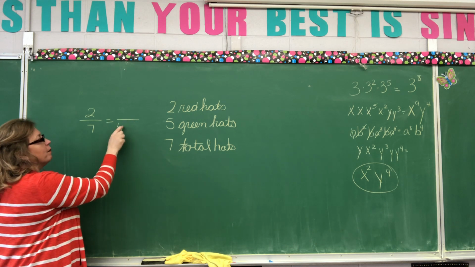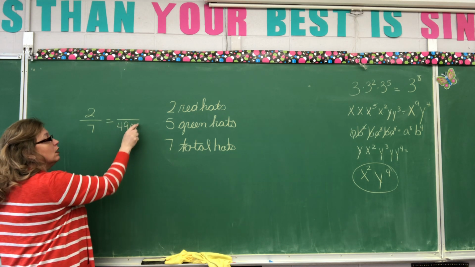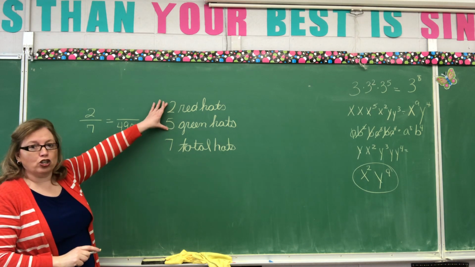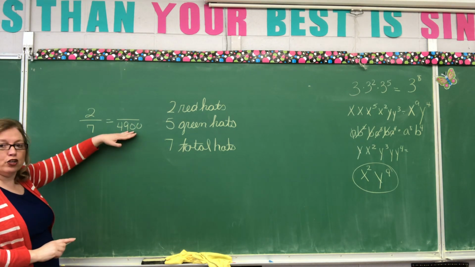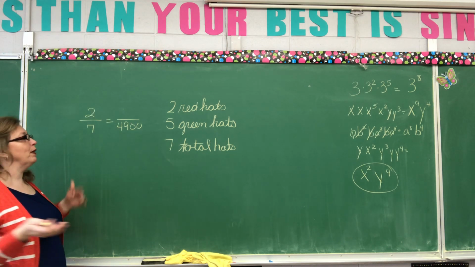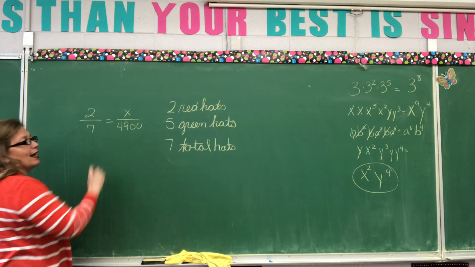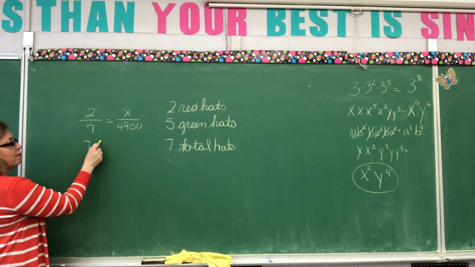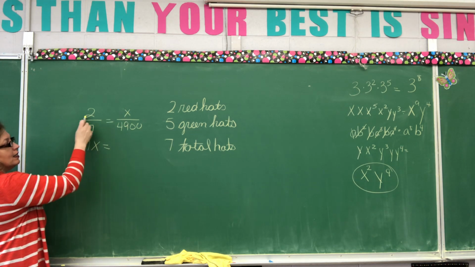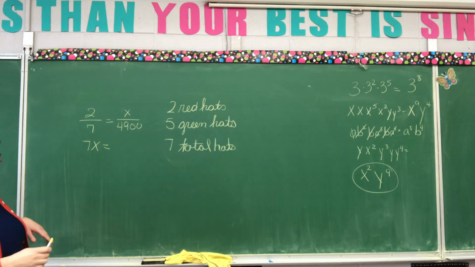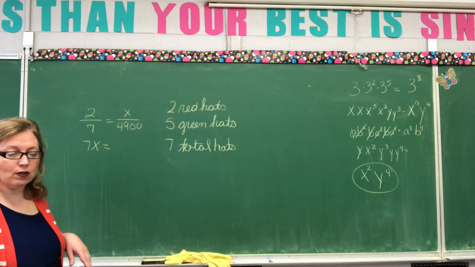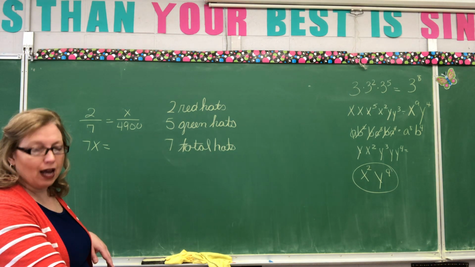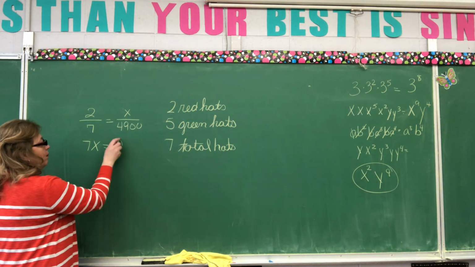It goes on the bottom because 7 represents the total in this small ratio. 4,900 represents the total in our big ratio. So this is an X. So now we're going to simply cross multiply. 7 times X is 7X. 2 times 4,900 is going to be 9,800.